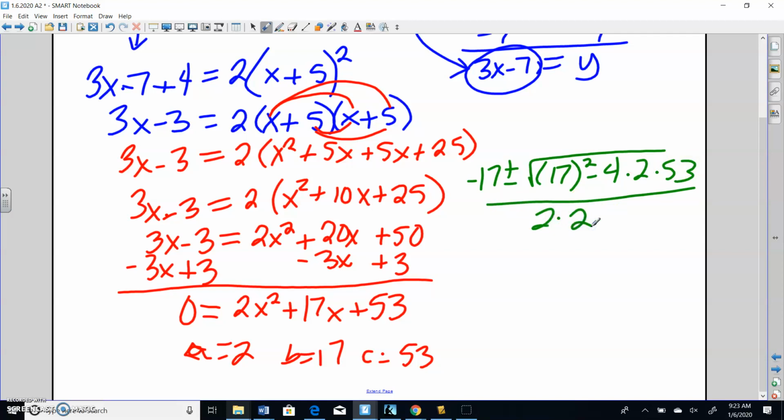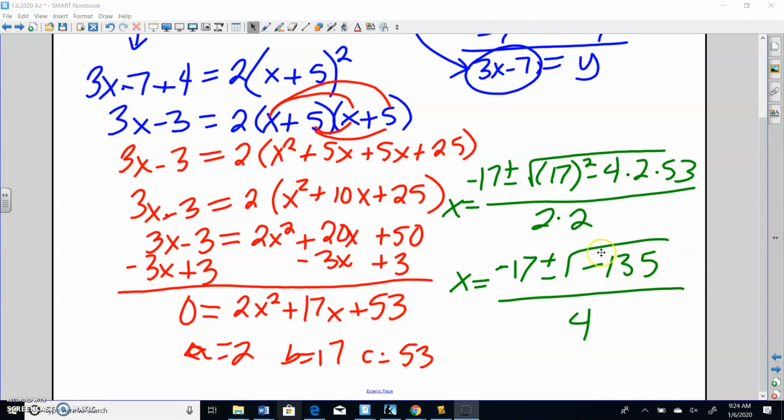And this is solving for x. We're trying to find x. I need a value for what's under the radical. Somebody simplify that for me. 17 squared minus 4 times 2 times 53.